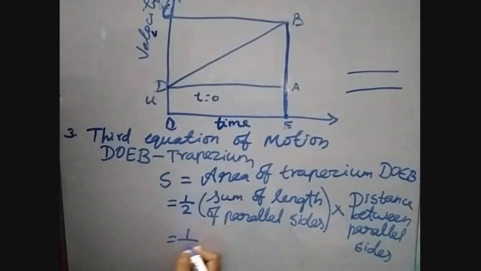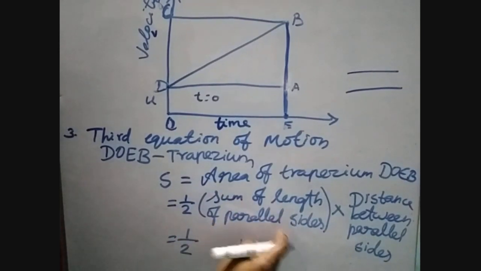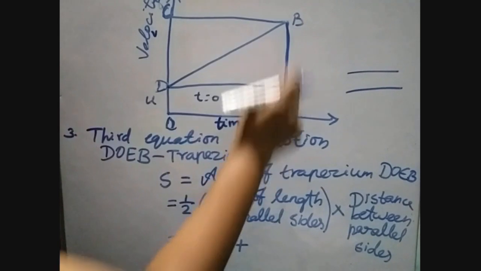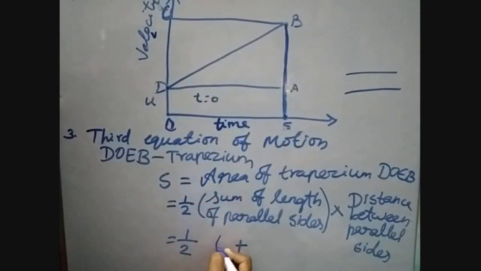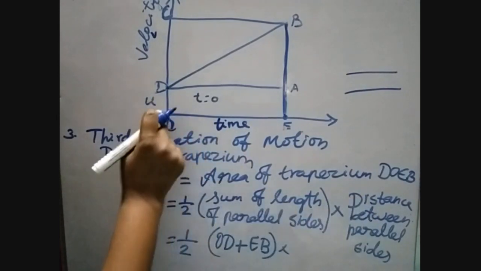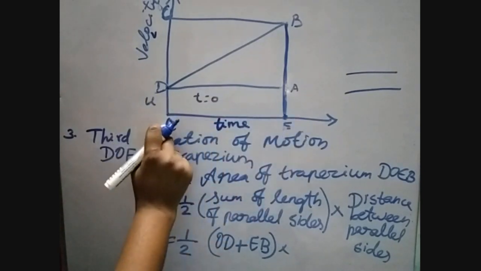So 1/2 into the sum, meaning plus, of the lengths of the parallel sides. This is one length, this one is another length. So OD and EB, into the distance between the parallel sides, which is OE.